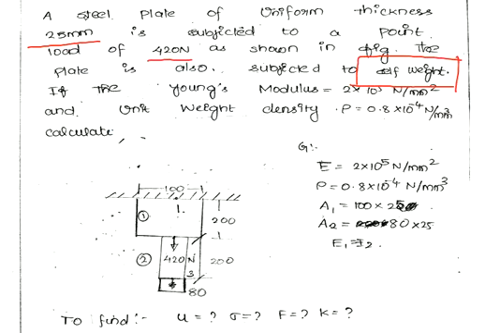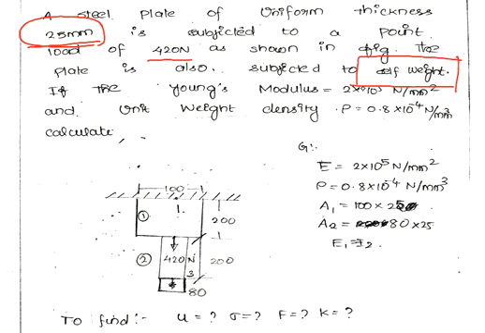The thickness is additional here, and another thing is the self weight. In many of the 1D bar problems we have seen the cross sectional area is circular, and in this problem there is a thickness, and it has self weight.